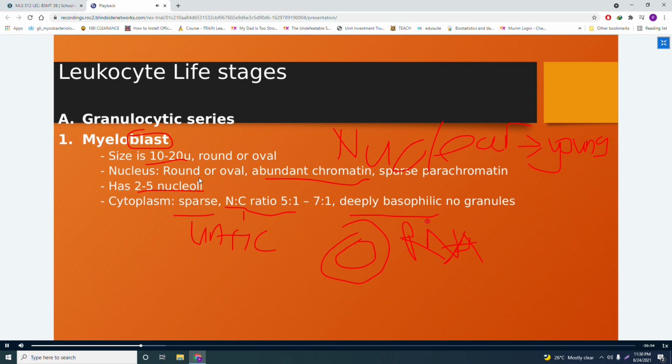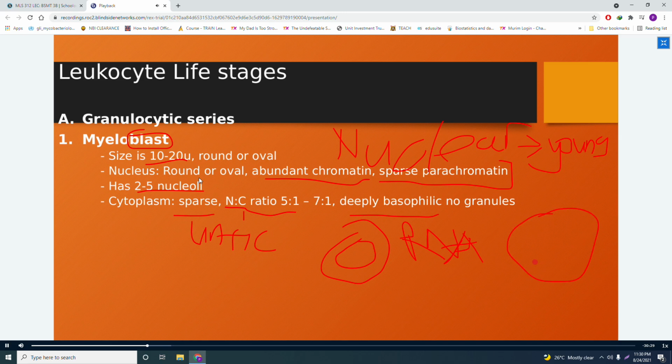So again, class, ulitin ko, your myeloblast has a size of 10 to 20 micra, round or oval. Then, it has a lot of nuclear material. It has abundant chromatin and sparse parachromatin. Then, it also has 2 to 5 nucleoli.